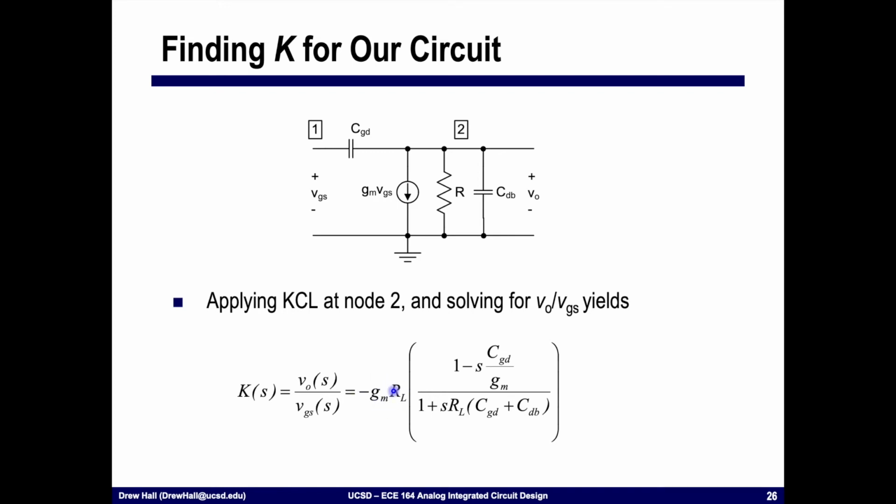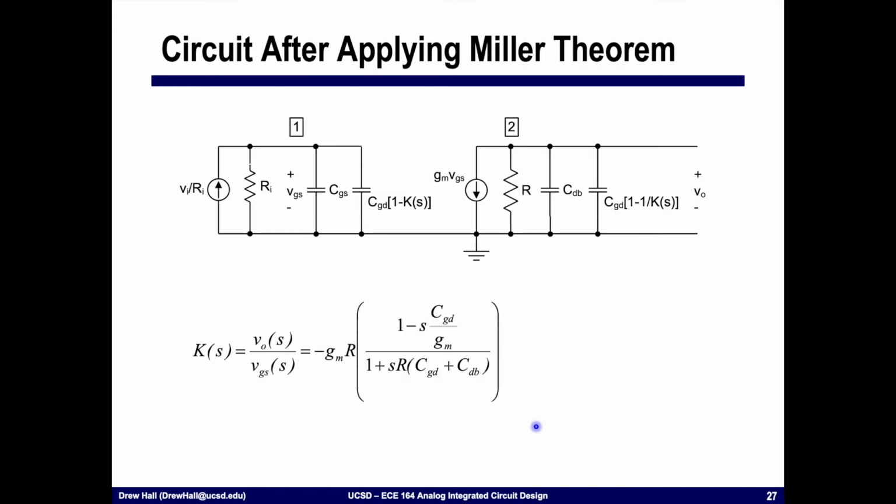This is the DC gain. Then I have 1 zero at CGD divided by GM, and I have 1 pole at RL plus CGD plus CDB.